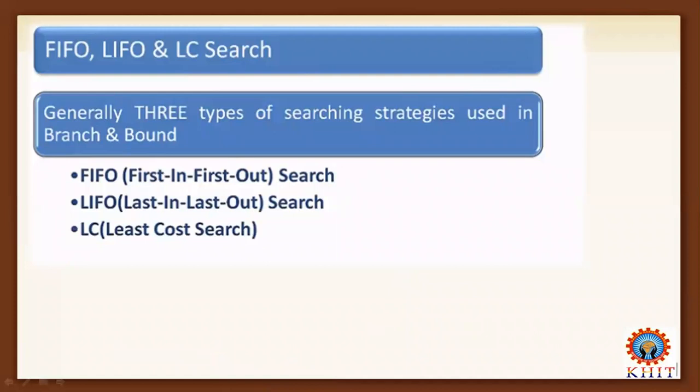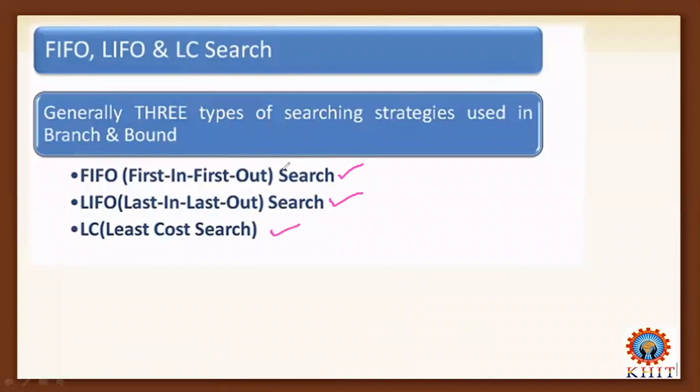Here, there are three different searching techniques generally used in the branch and bound technique, namely first in, first out, last in, first out, and least cost branch and bound.